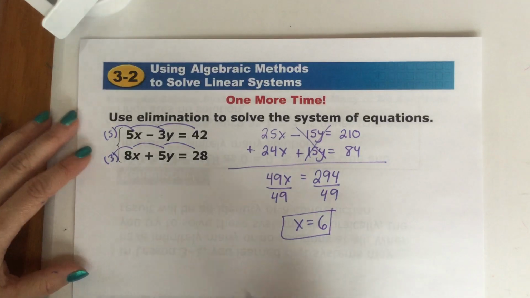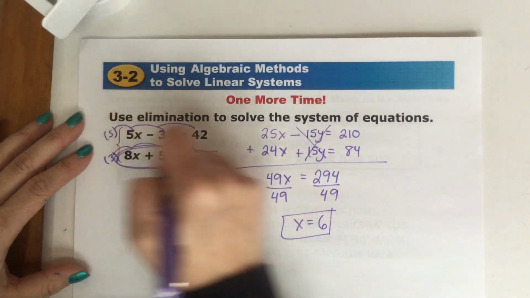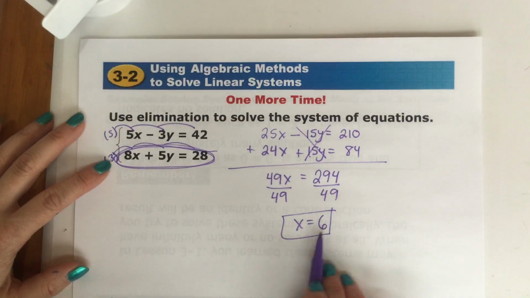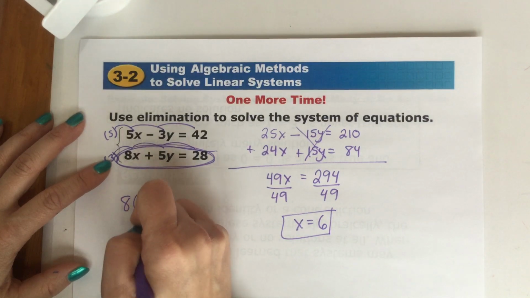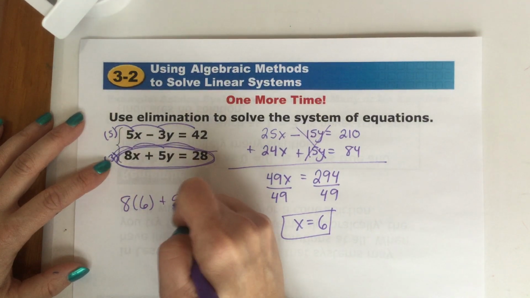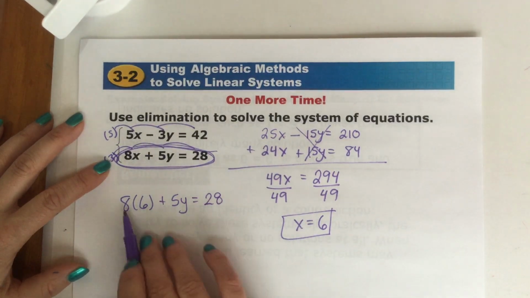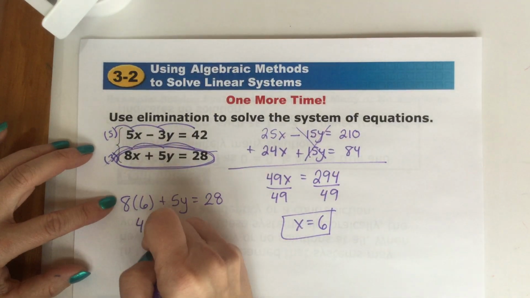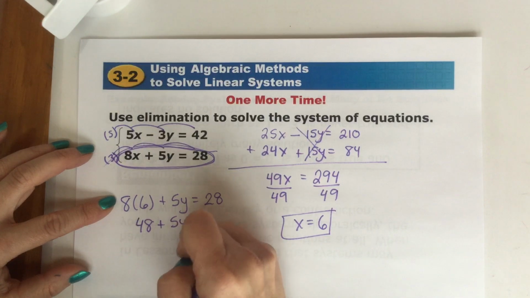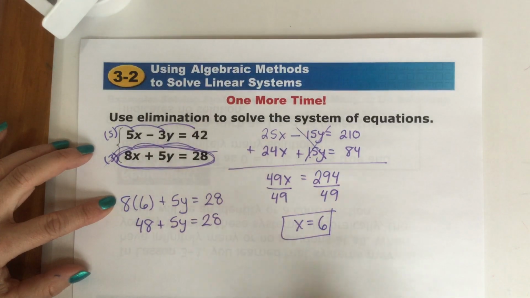Now to solve for y, go back and pick one of the original equations and change the x to a 6. So 8 times 6 plus 5y equals 28. 8 times 6 is 48 plus 5y equals 28.